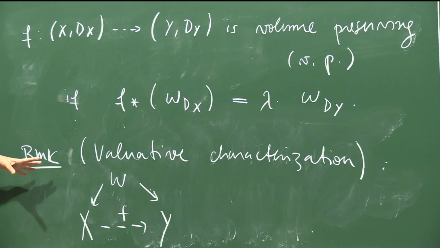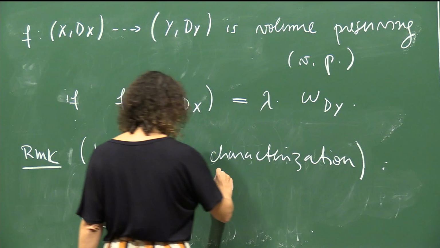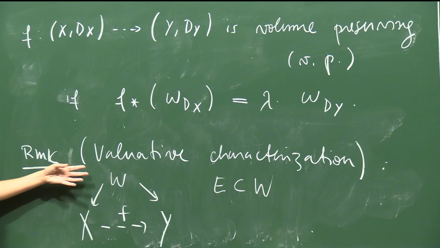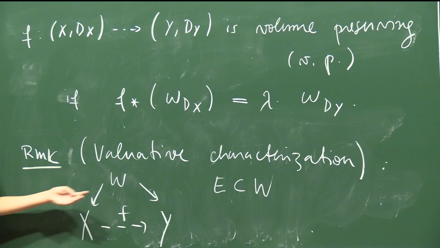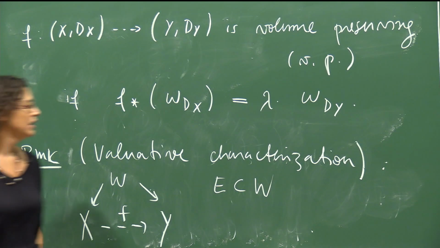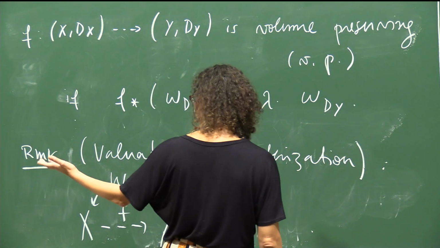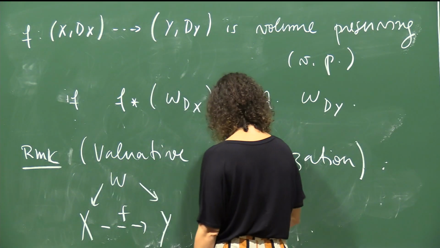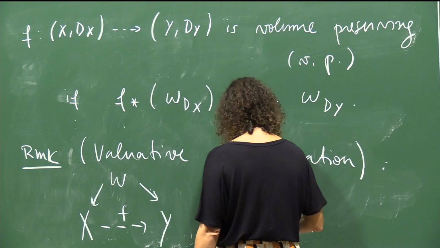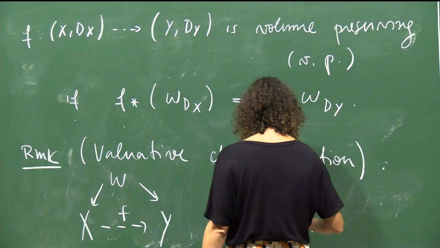And for any such log resolution, you can take a prime divisor E on W and compute the discrepancy of E with respect to these two maps, to X and to Y. The volume preserving condition is equivalent to saying that these discrepancies are all the same.